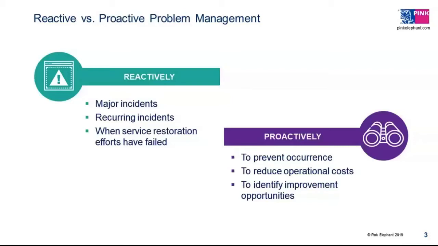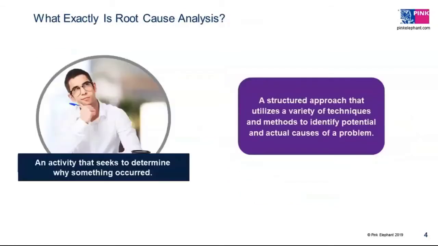We also, of course, are looking to improve the overall quality of our IT services. Customers want services that are reliable, dependable, available when they need them. And when we do proactive problem management, what we're trying to do is increase the overall quality by finding those root causes and, where we can, remove those from the environment.